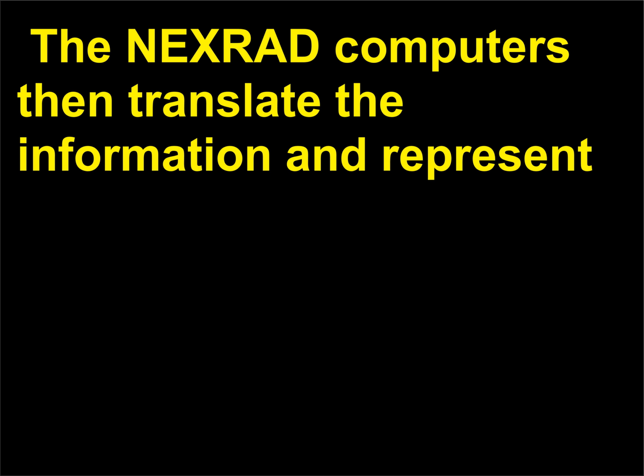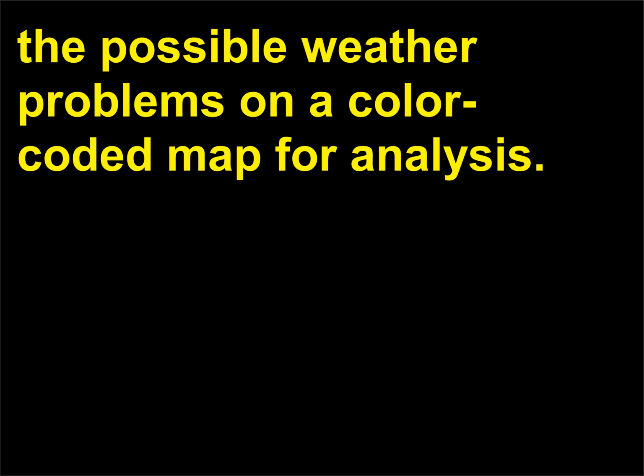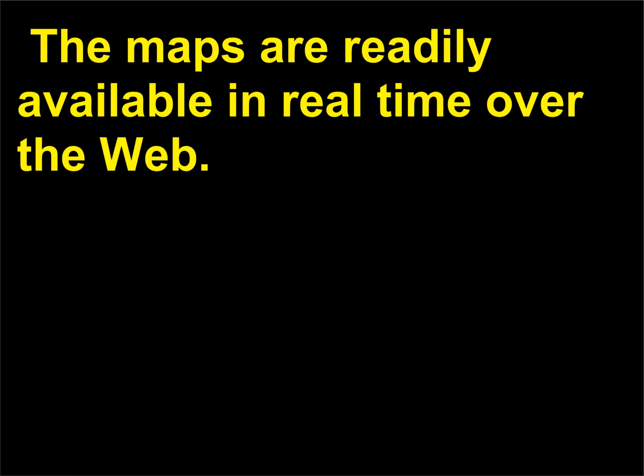The NEXRAD computers then translate the information and represent the possible weather problems on a color-coded map for analysis. The maps are readily available in real time over the web.